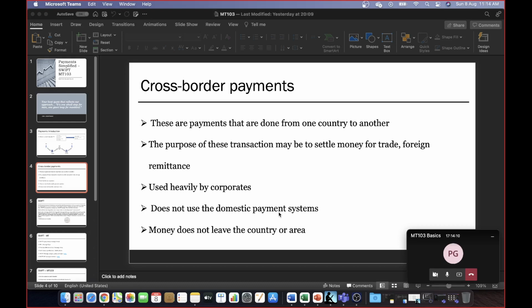For our understanding's sake, we are assuming the domestic payment systems are not utilized, just to understand how MT103 is going to work. As I mentioned in my introduction, the main point is that the currency does not leave the country in which the payment is initiated, or the country which receives the payment. That's another thing that is unique to cross-border payments. We'll see how in the following slides.